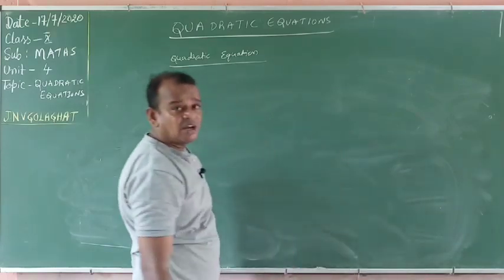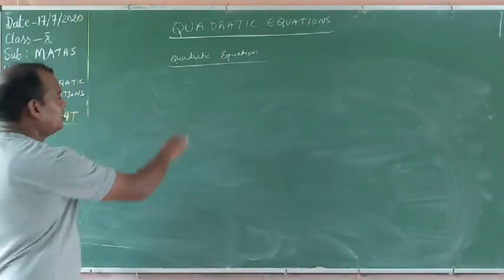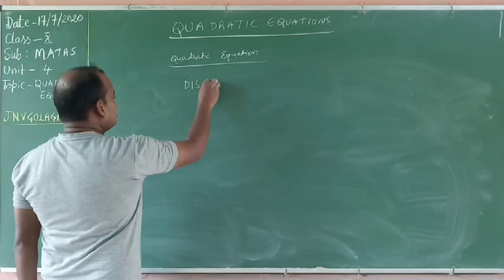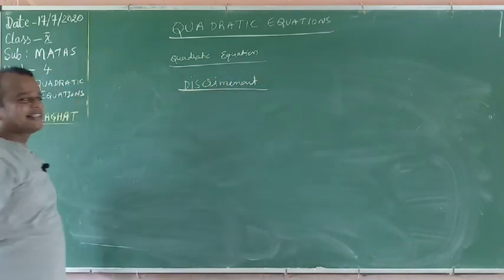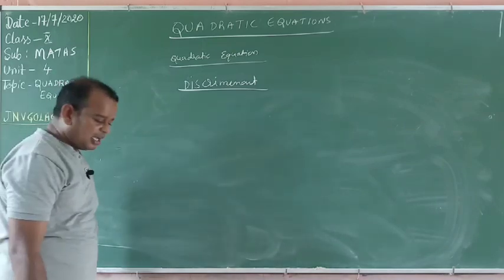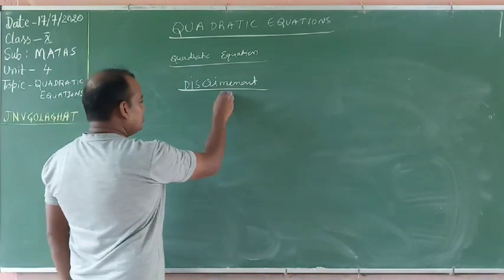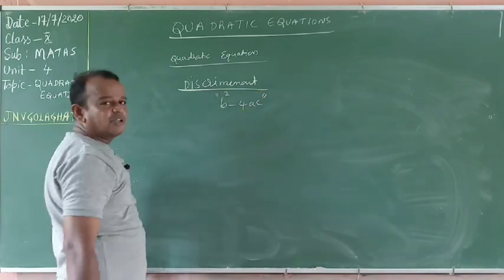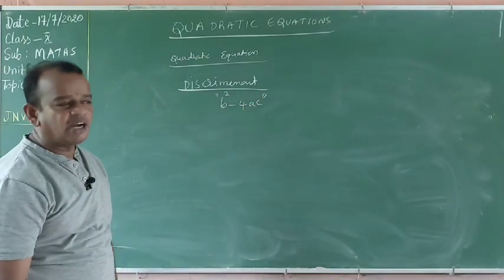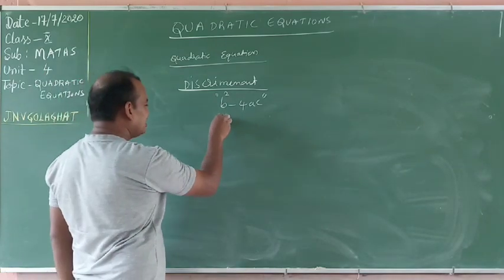What is the discriminant of the quadratic equation? b square minus 4ac is called the discriminant of the quadratic equation and it is denoted by D or delta.